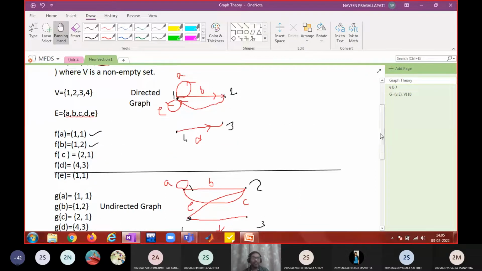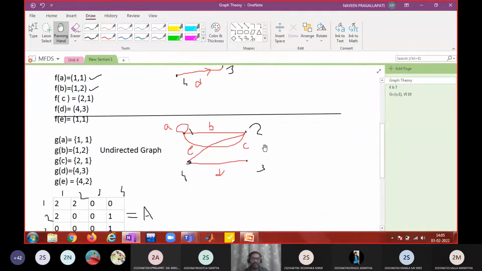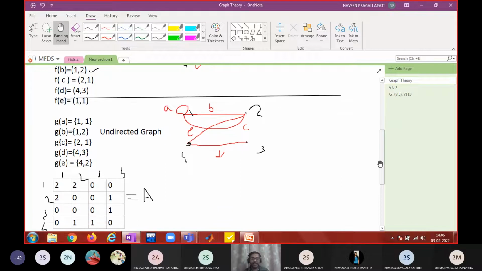For a directed graph, there is an edge from 4 to 3, but there is no edge from 3 to 4, whereas in an undirected graph, there is an edge from 4 to 3 and an edge from 3 to 4. If there is an edge between two vertices, we say that the edge is incident with the vertices, or the vertices are incident with the edge, vice versa.